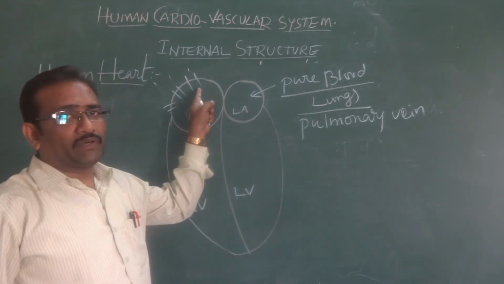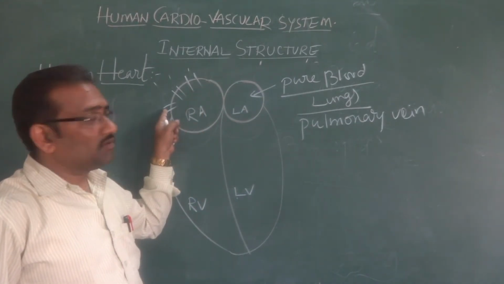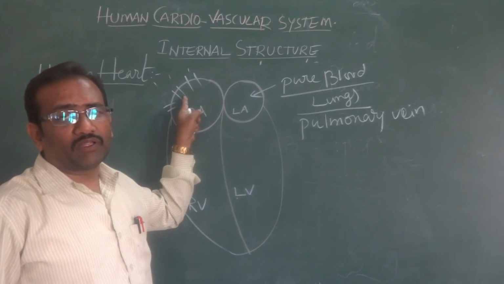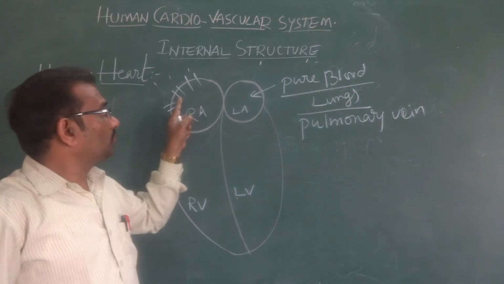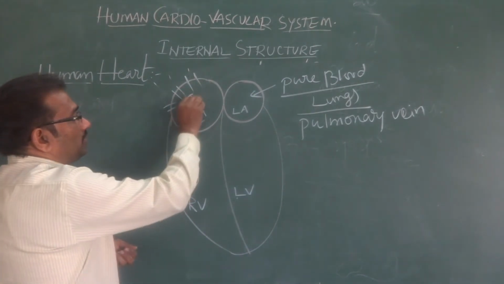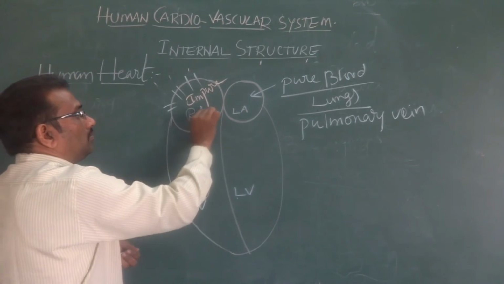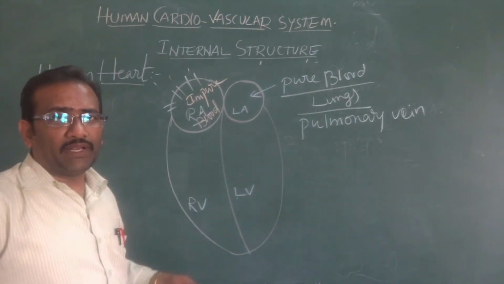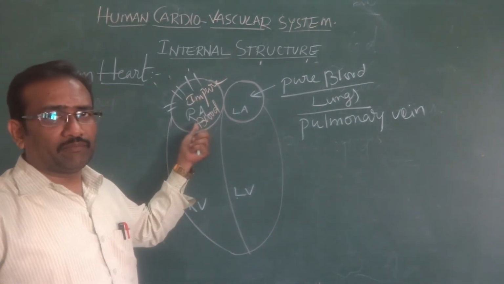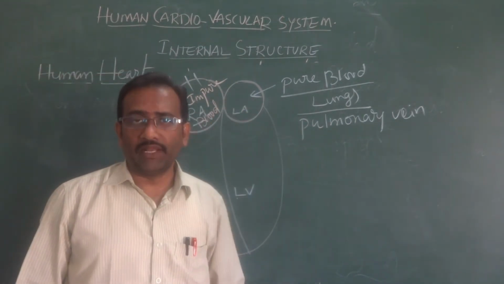From the upper body parts, precaval vein, from the lower body parts, postcaval vein, from the wall of the heart, from the coronary sinus. So, right atrium always contains impure blood. Always left atrium contains pure blood.